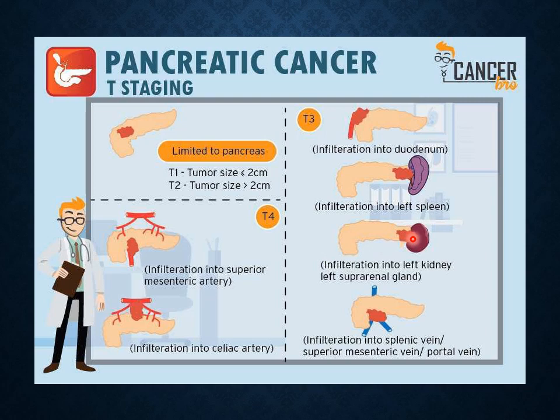Infiltration into the kidney, the hilum or part of the kidney, and infiltration into the splenic vein are also considered T3. So T3 is local infiltration of the tumor into adjacent organs: the spleen, duodenum, kidney, and the splenic vein.